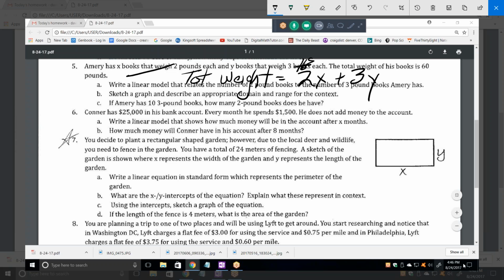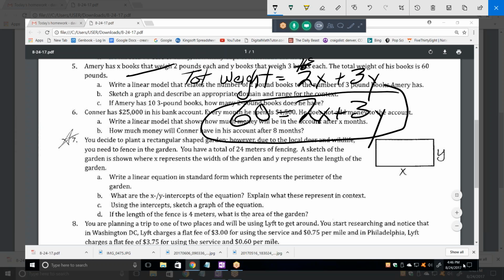Now they give us additional information. The total weight is 60. Now I can fill in 60 for total weight. Now I have this, and this is linear. There's an X and a Y, and that's all there is. There's no Z. In other words, once they give us the total weight of the books, it becomes a linear problem.